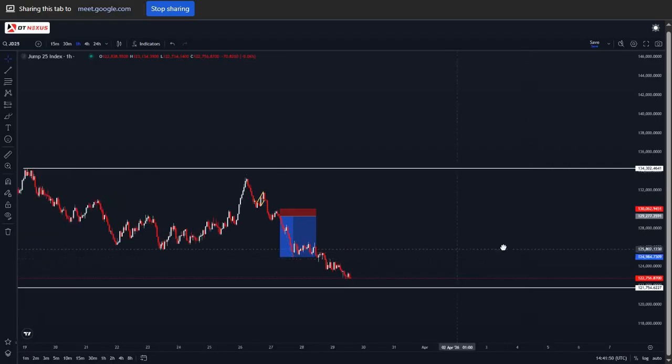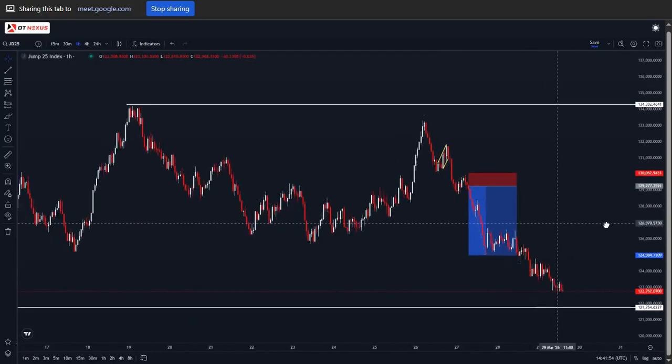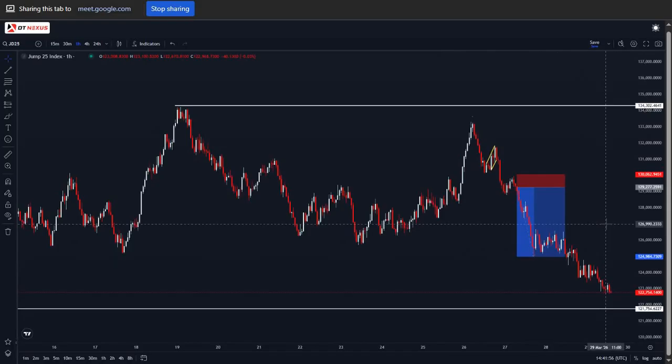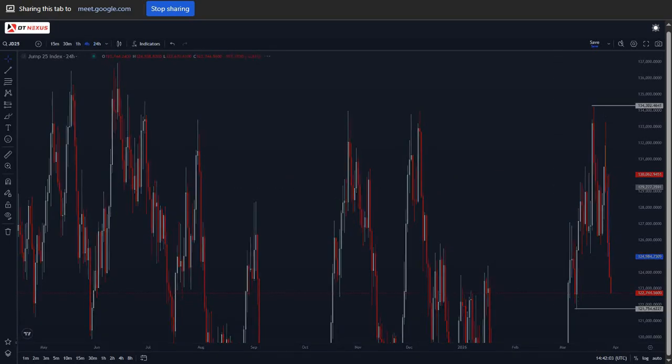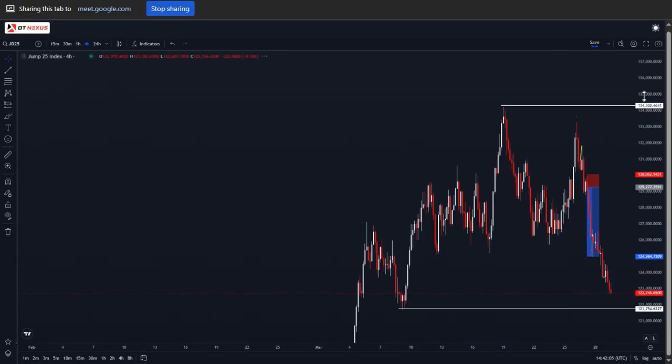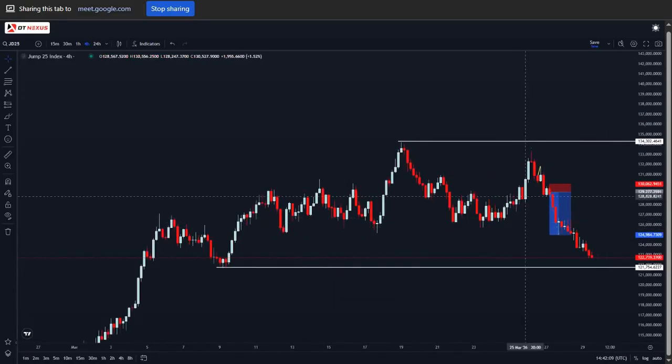So guys, with my understanding, coming from a bigger frame to a smaller frame, it's the same thing, because if I come from a daily to a 4 hour, I would have already known.